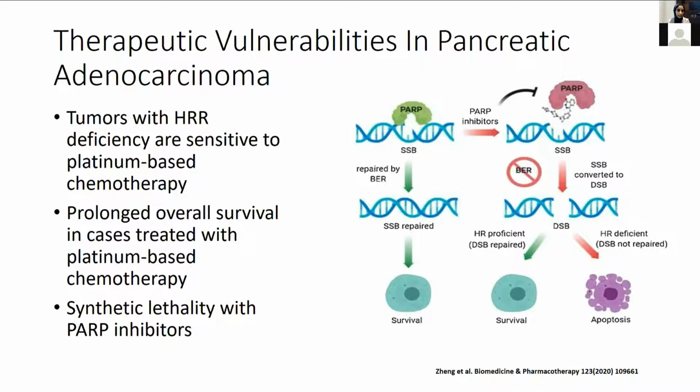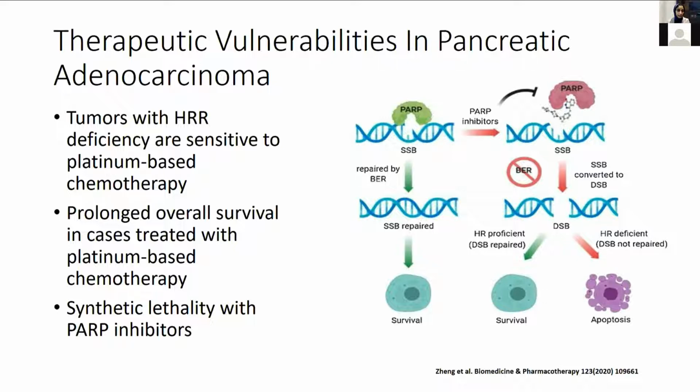So tumors with homologous recombination repair deficiency are sensitive to platinum-based therapy because they cannot repair the damage inflicted by those therapies. They also display prolonged overall survival if treated with platinum-based chemotherapy. They also display synthetic lethality with poly-ADP ribose polymerase inhibitors.